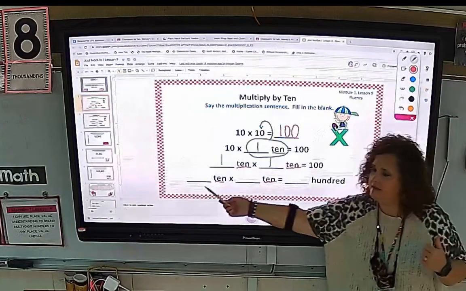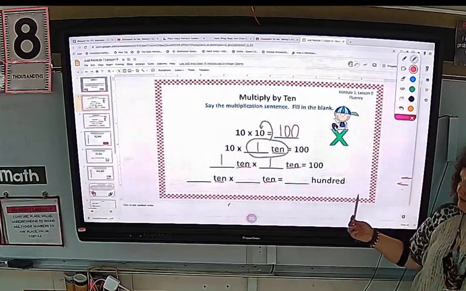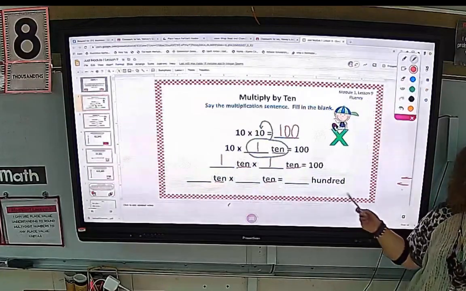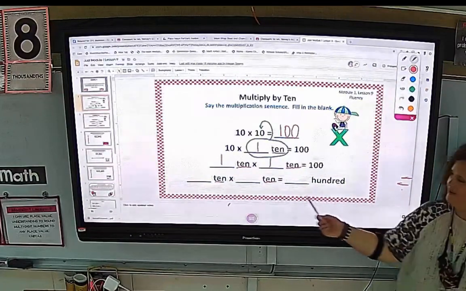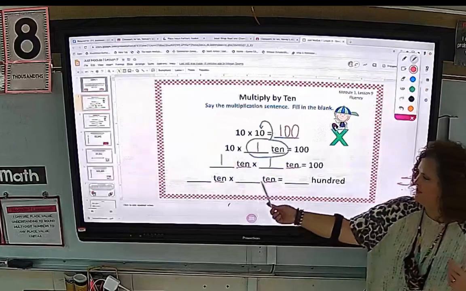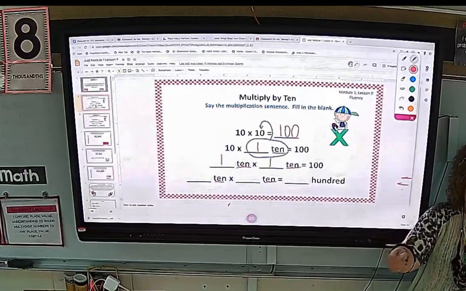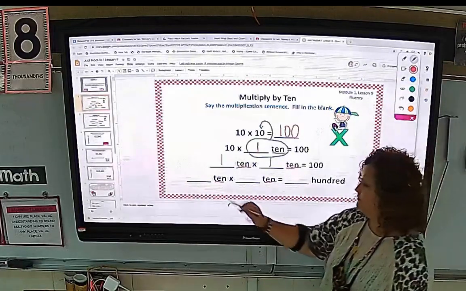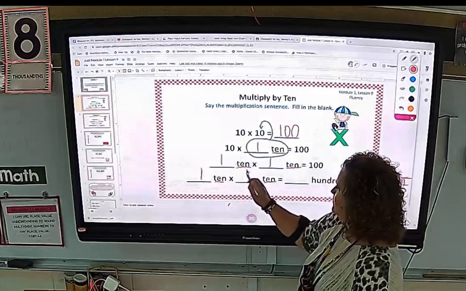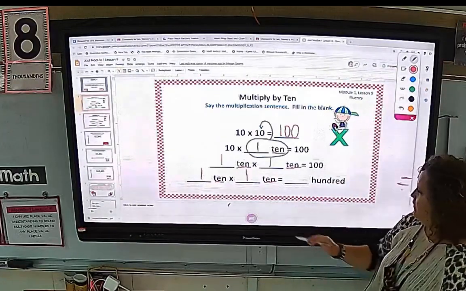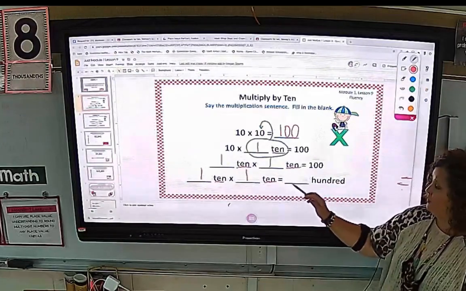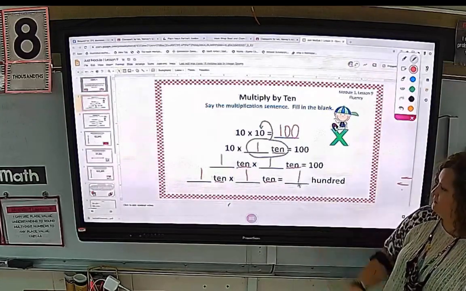All right, so again, same thing down here. Now they've just put the answer in a word, okay? So how many tens times how many tens equals how many hundreds? What do you think? 1 ten times 1 ten equals 1 hundred.